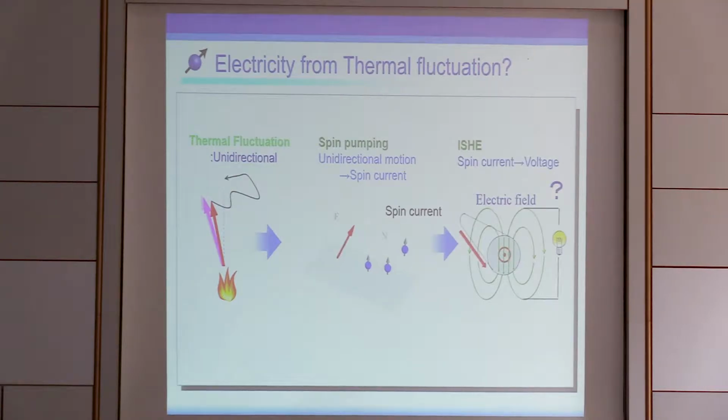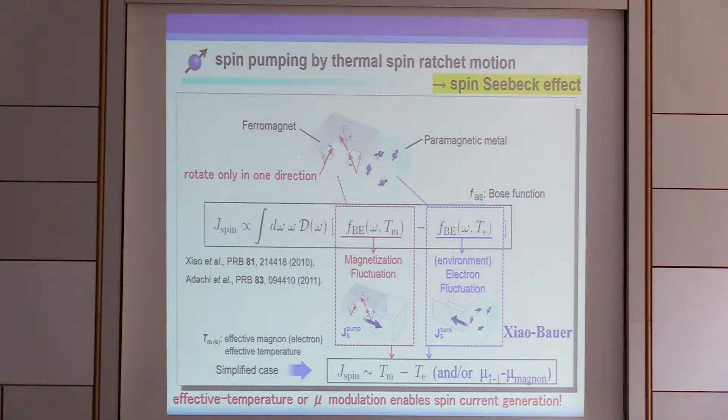Then the spin current is converted into the electromotive force via the spin Hall effect. So when the sample is heated, a spin current is spontaneously created.